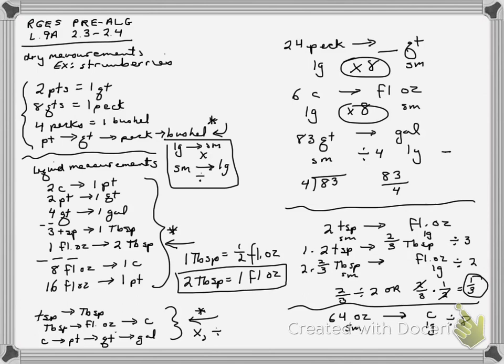For the next one here, we'll go to the next page. Number 3 on the word problems. Mr. Roberts grew 39 pecks of potatoes. How many bushels? So this is a very straightforward conversion. We have to decide which is smaller and larger.